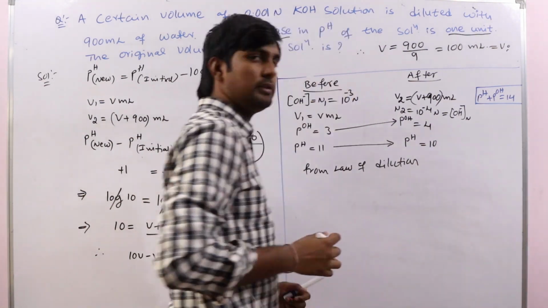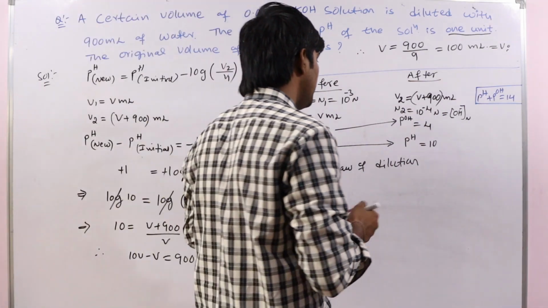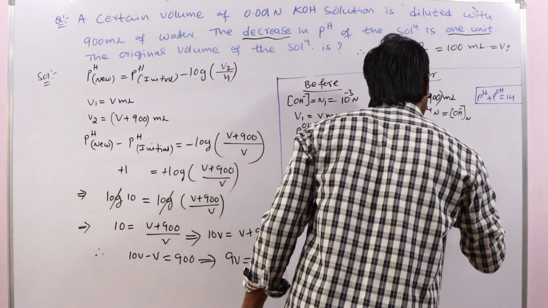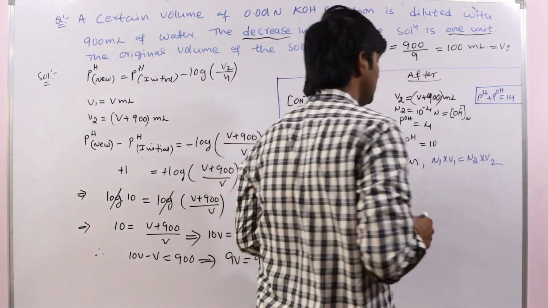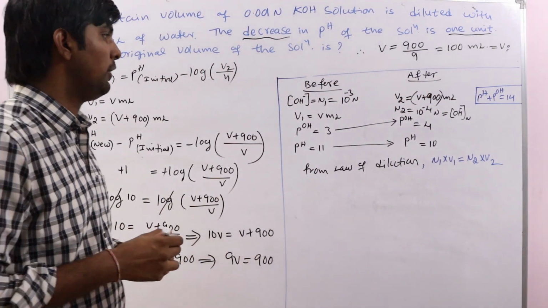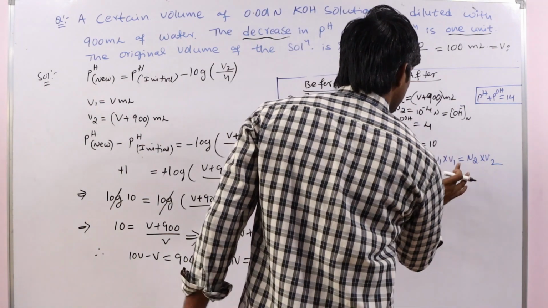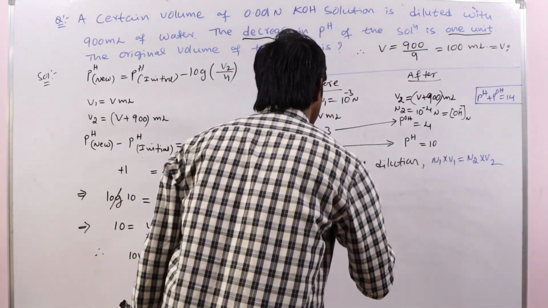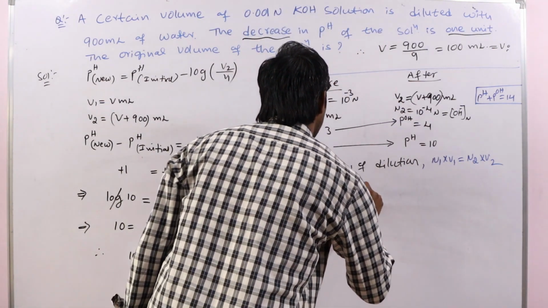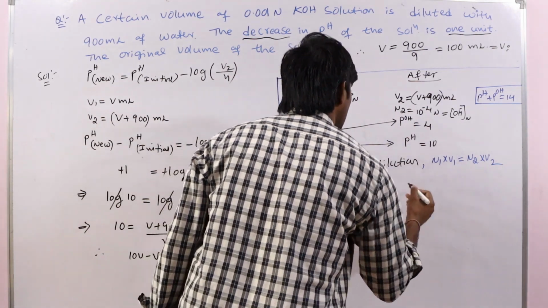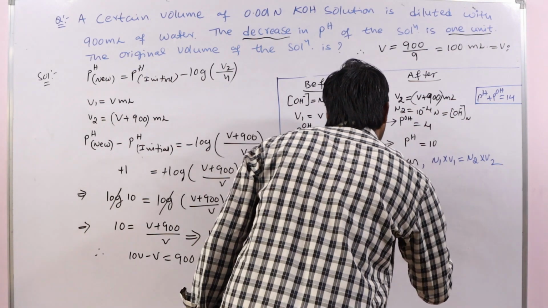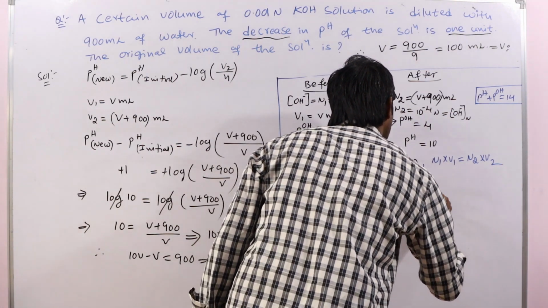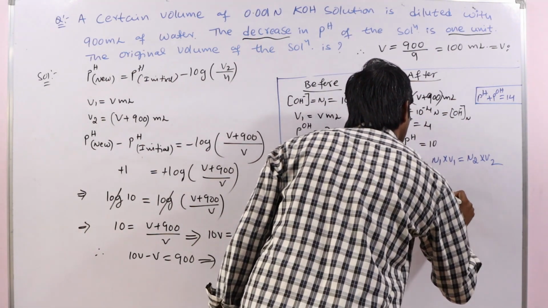which we already discussed in the previous lectures, what is the law of dilution? N1V1 is equal to N2V2. Okay, N1V1 equal to N2V2. This is before dilution, this is after dilution. Before dilution, 10 power minus 3 into V is equal to, after dilution, how much? 10 power minus 4 into V plus 900.